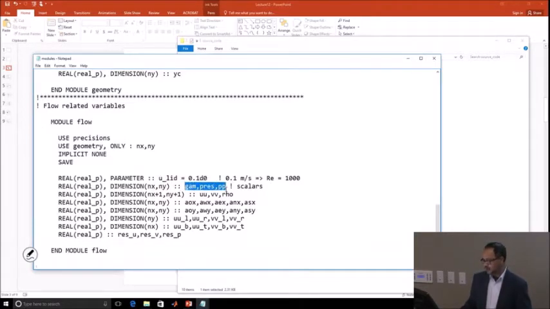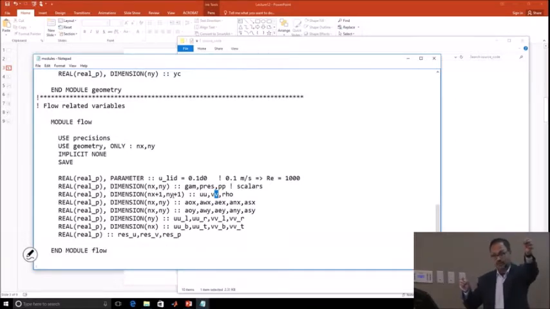All my scalars, gamma, pressure correction, are dimensioned n times m, or nx times ny. U velocity, V velocity, and density are dimensioned nx plus 1 times ny plus 1. Why?